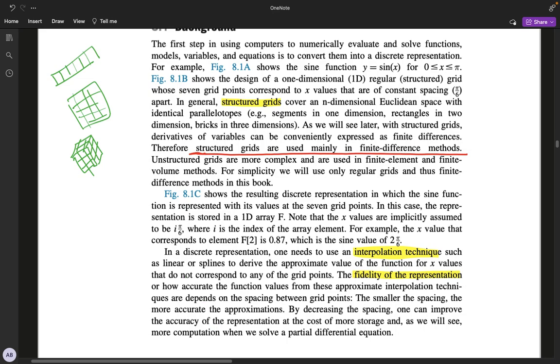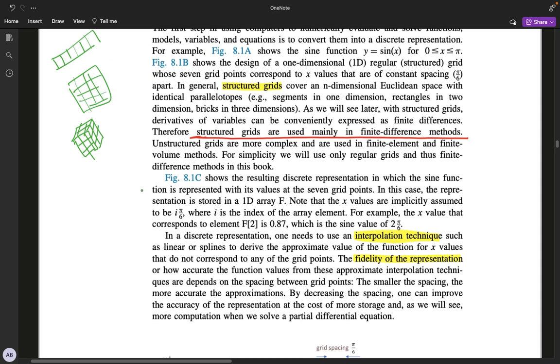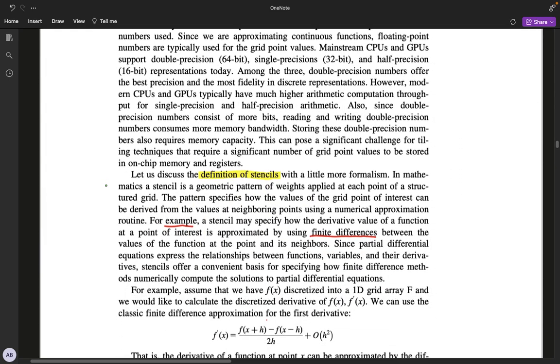By partial differential equation I mean, if you want to find the d by dx of something, or d square by dou x square, or dou square by dou y square, or dou by dou y of a function, all of these terms are part of a partial differential equation.